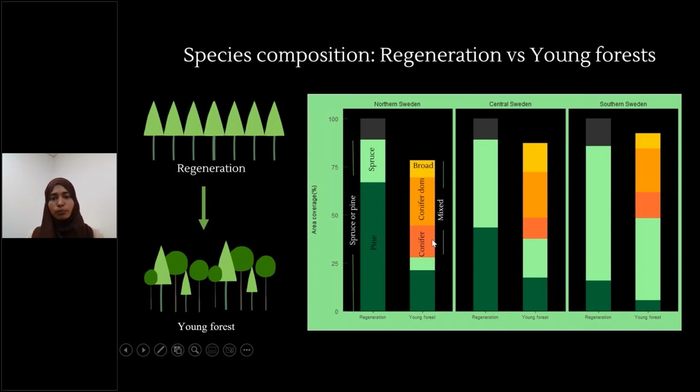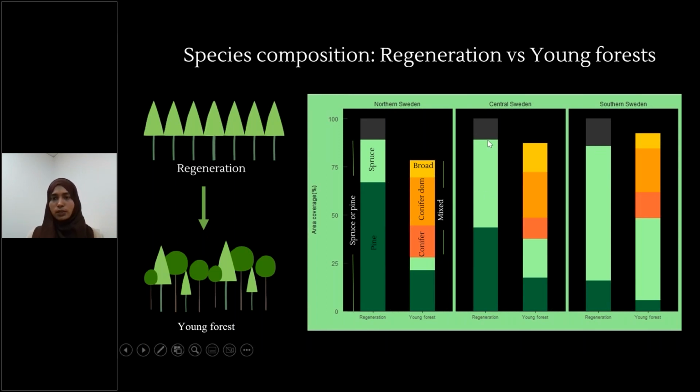But when it comes to mixed forest, you can see the proportion of pine in regeneration and what we found in young forest. It's mostly the mixed forest that was dominant. Either it's pure mixed or conifer dominated mixed forest or broadleaf dominated mixed forest.